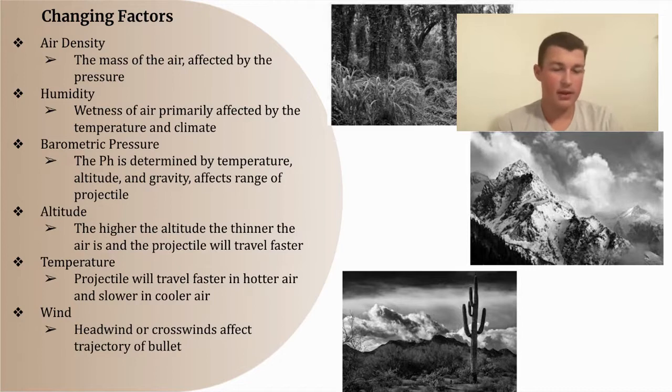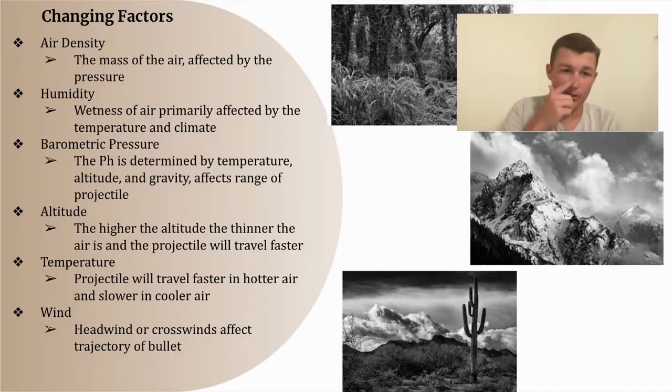The temperature affects the humidity, and so the wetter the air is, the more dense it is. And so the bullet is not going to travel as far or as fast as it would in a more dry climate.